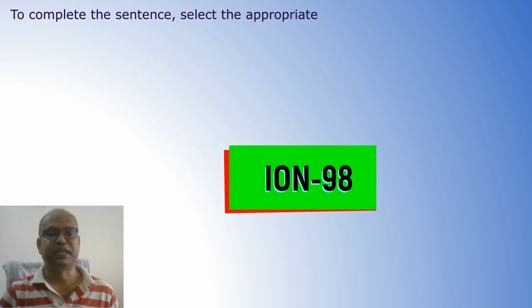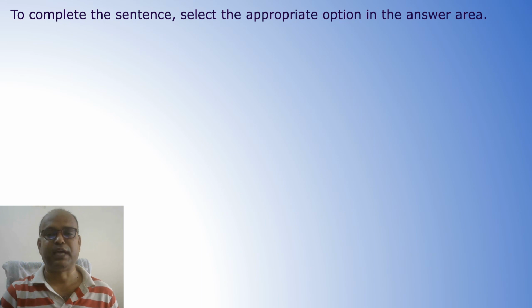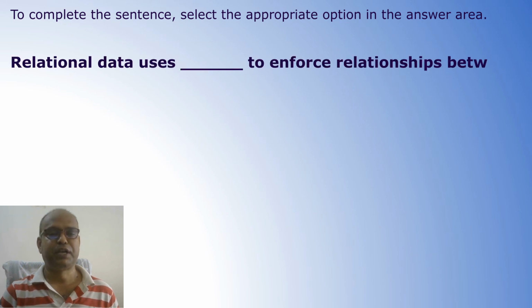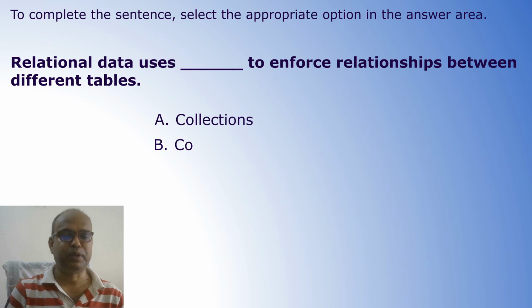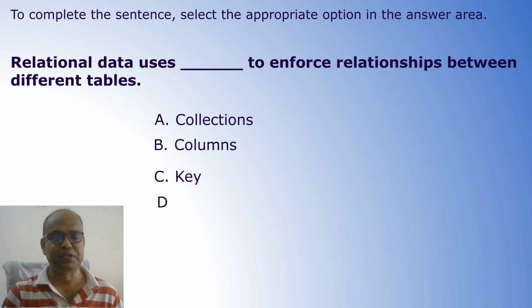To complete the sentence, select the appropriate option in the answer area. Relational data uses dash to enforce relationships between different tables. Option A. Collections. Option B. Columns. Option C. Keys. Option D. Partition. Answer.